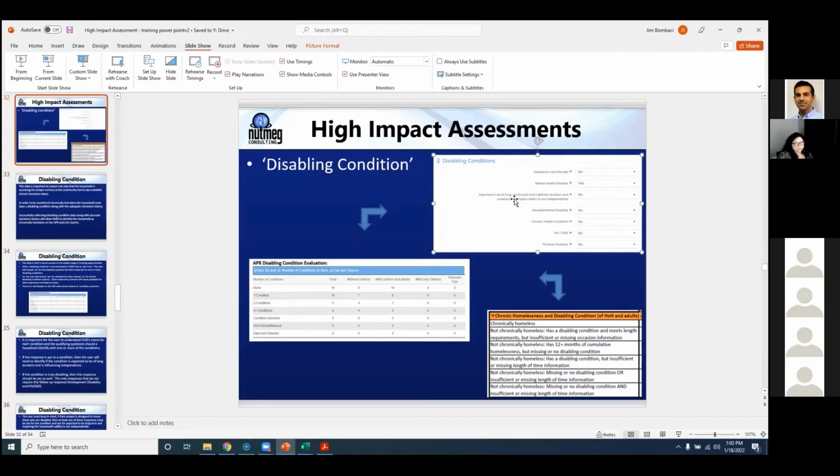So if they're on disability, for example, they're on SSI, they're on SSD, and they're enrolled in your PSH program for people who need rental subsidy and support, then the response to that question is going to be yes. So you want to make sure your data is congruent when it talks about disabling condition.